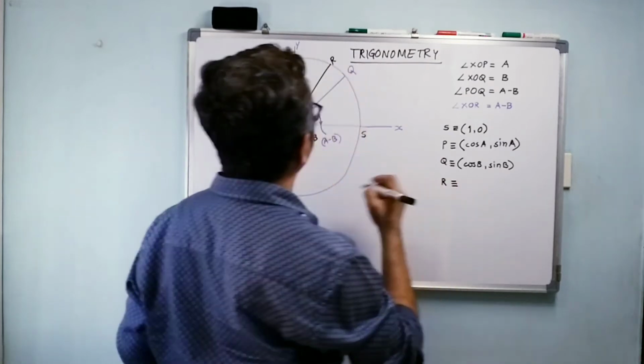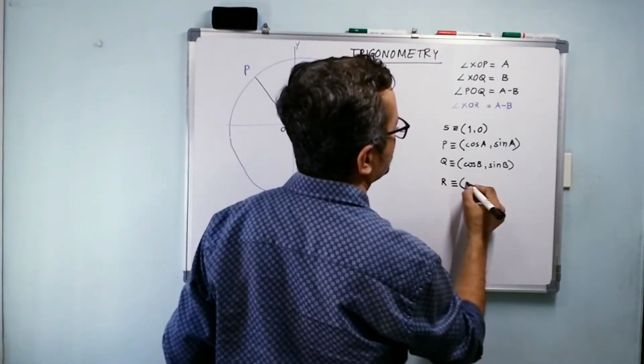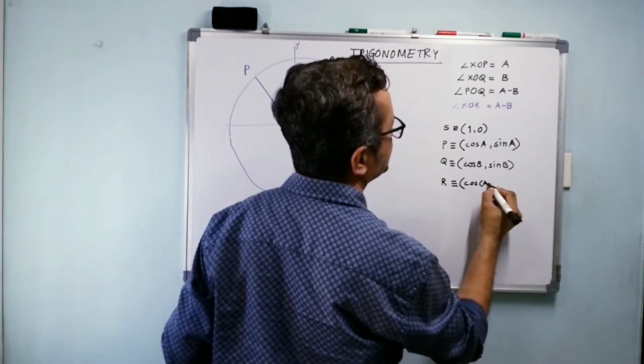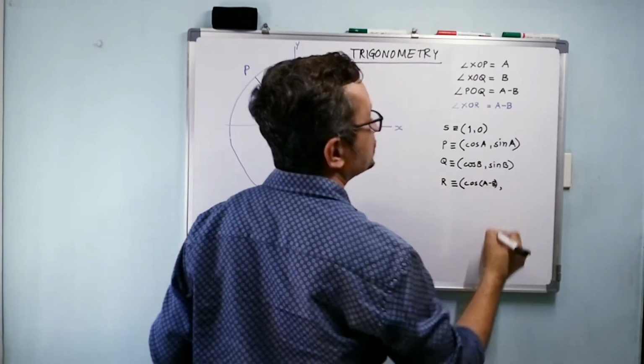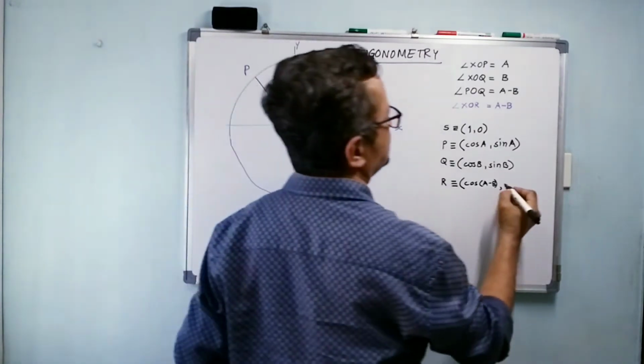So my R is going to be equal to cos of A minus B. That angle is A minus B. So I'm going to have coordinates as cos of A minus B and sin of A minus B.